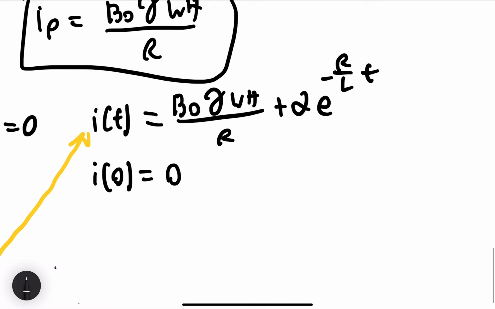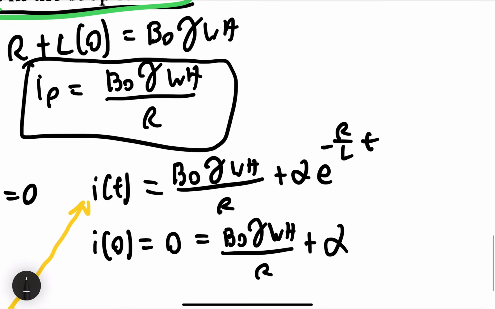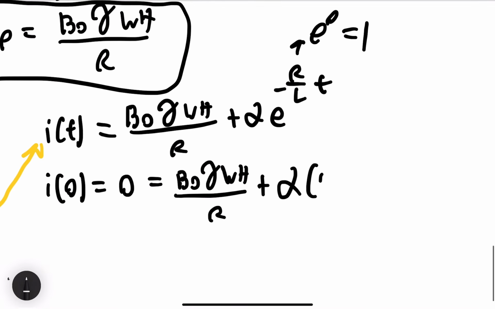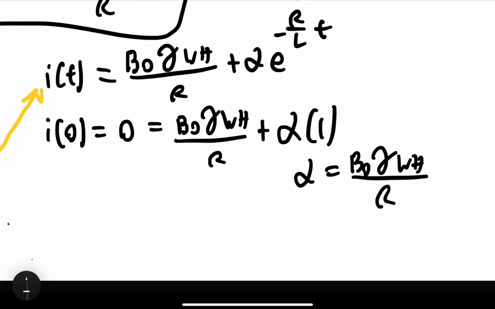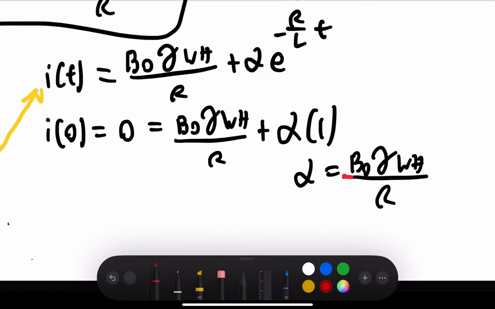So 0 is equal to B naught gamma WH over R plus alpha, and then e to the 0 is just 1, right? So just times 1. So then alpha would be negative B naught gamma WH over R. Should be a negative there.